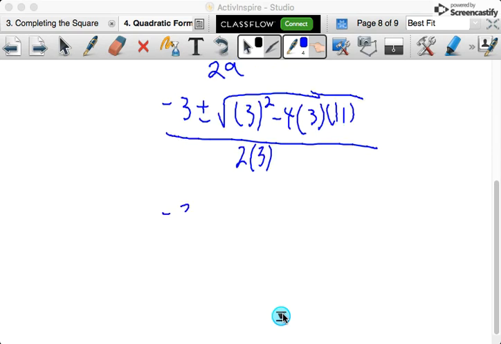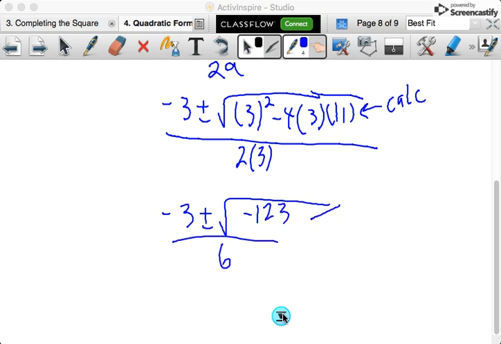This is going to give me -3 plus or minus, and I'm going to plug this into my calculator and figure out what that gives me. So this gives me 3 squared minus 4 times 3 times 11. And this is going to give me a -123 divided by 6. I'm going to check and see if this is a perfect square. And actually I get an error in my calculator.